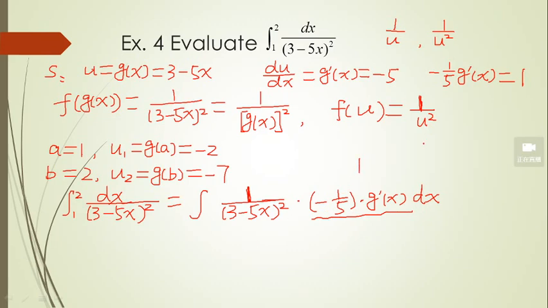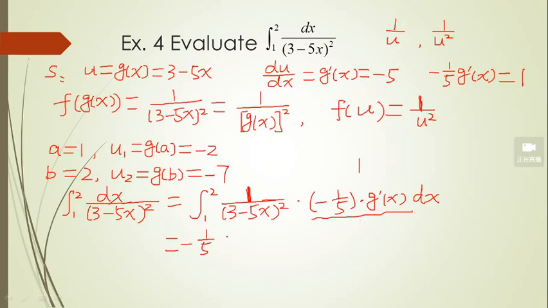That's the reason why we did this part here: we should introduce the G prime inside f(g(x)) times G prime. So we can move the constant minus 1 over 5 outside, right? When we are doing the x, it should be from 1 to 2, right? It's still 1 to 2 because the differential term is about x.